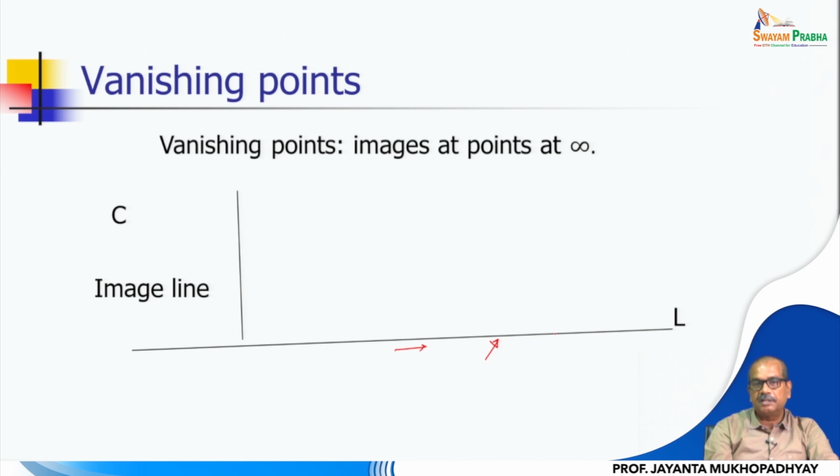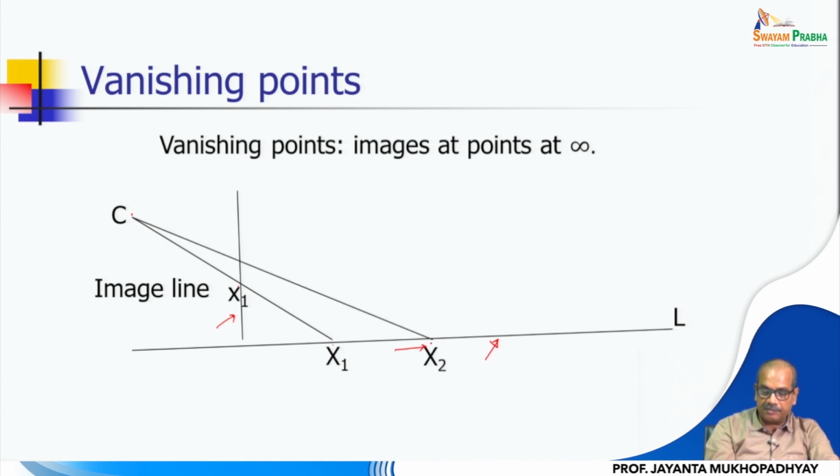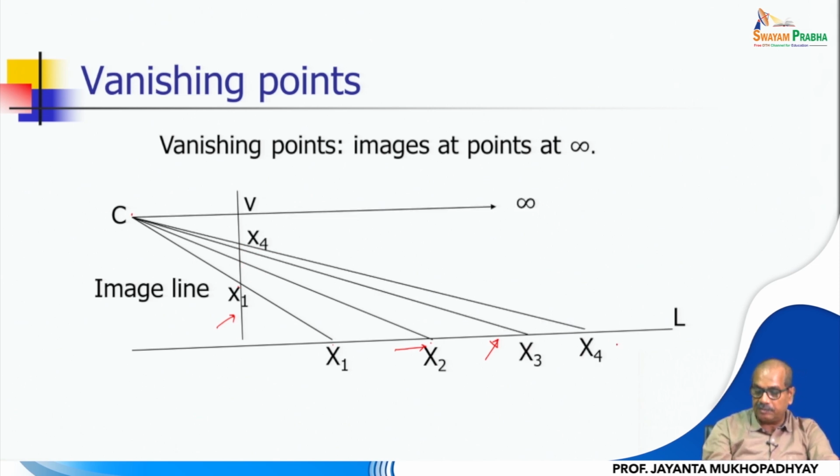The space is one-dimensional, which is a line, and you are projecting it also onto a line, and there is a center of projection C. If I take the projection of a point on the line, this is a projection. Similarly, take the projection from this point. Now, this is the projection point. But if you go like this, as you are approaching towards infinity, finally you see that they are approaching towards the vanishing line, which is nothing but the line parallel to this line, and where this parallel line intersects the image line, that is the vanishing point. Now, this is the interpretation in one dimension.